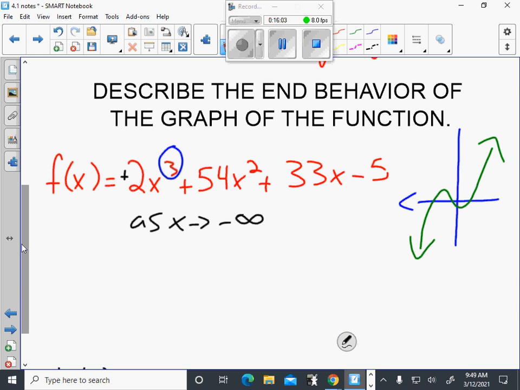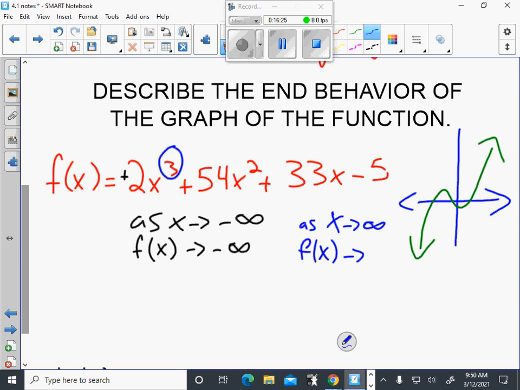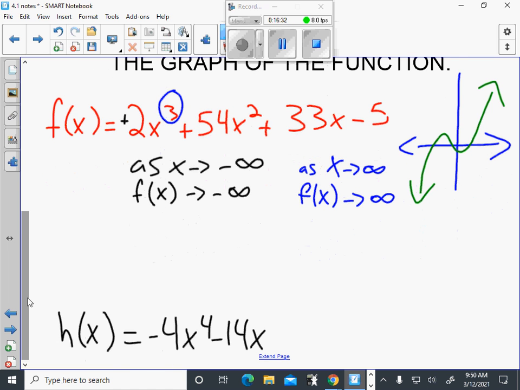So we're going to say f of x is going to negative infinity. As x approaches infinity, this way, where's our line going? F of x is approaching infinity. Okay, done.